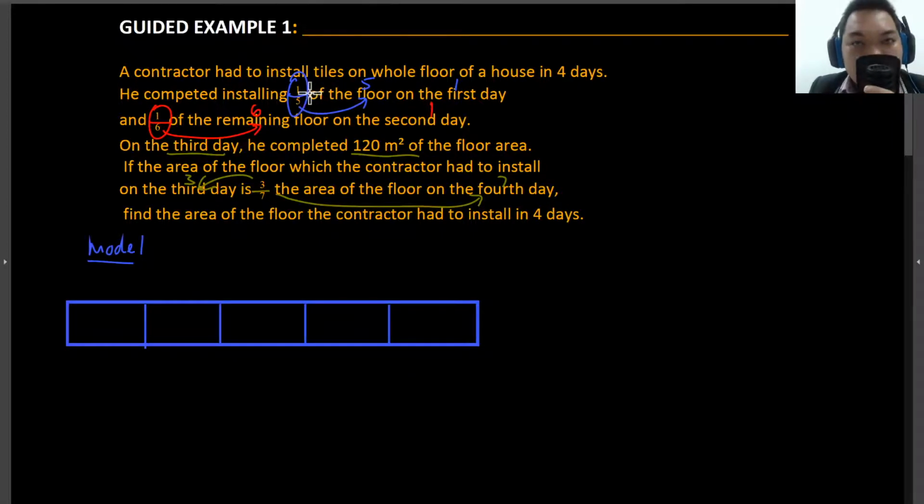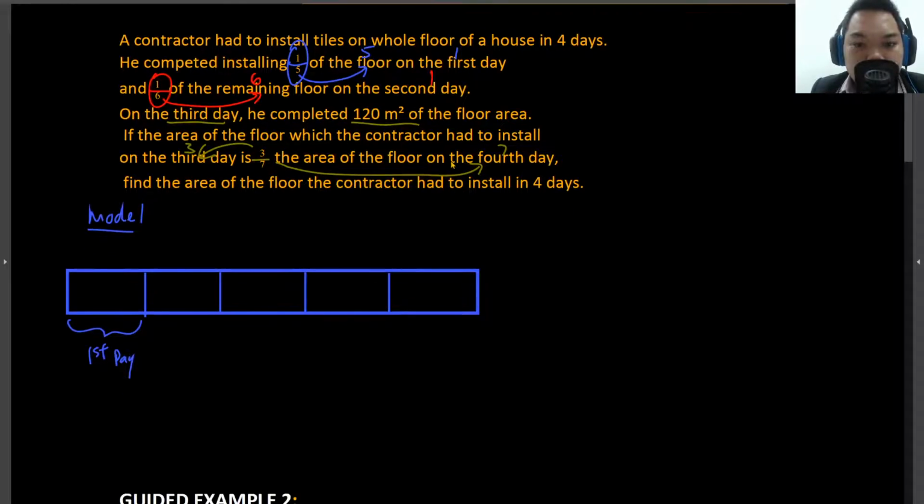Because for the whole entire floor, we use one long bar to represent the total amount of floor surface that he has to cover. Break it down into 5 equal portions, and then we say that on the first day, he has to clear this amount.